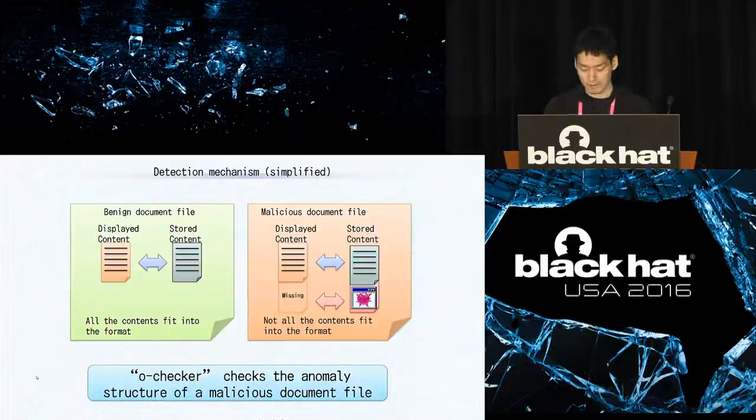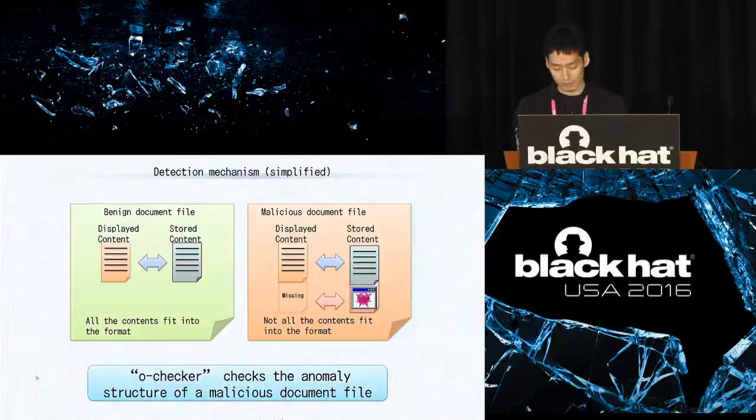So the malicious executable file is present in the stored content, but not present in the displayed content. This mismatch between the displayed content and stored content causes deviations from file format specifications. O-Checker checks these deviations to detect malicious document files.